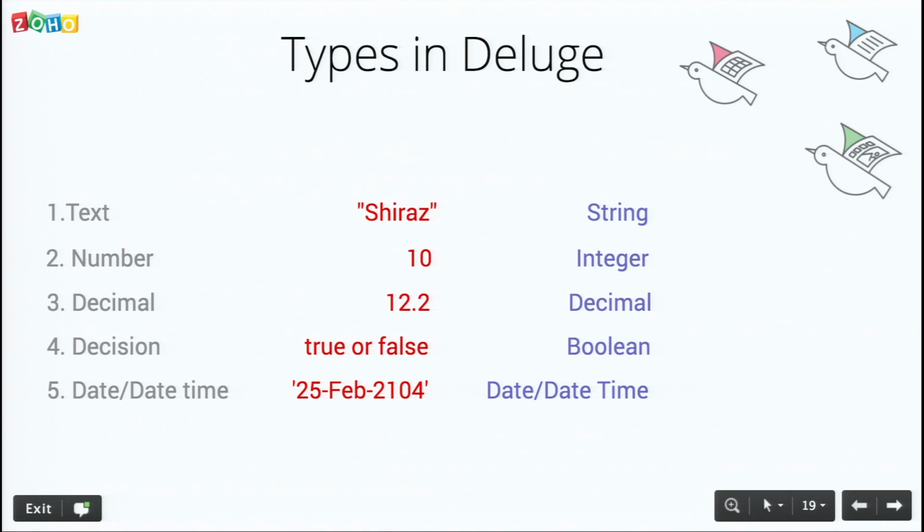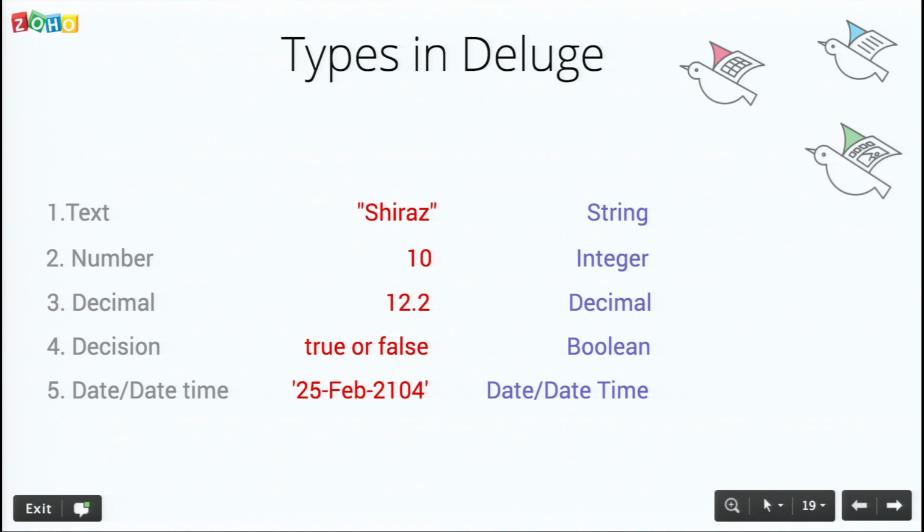You can use any of the formats in Deluge, we support all of these. Say for example, Feb 26 2016. That is also a date, but you need to put it inside quotes. That's a constraint. Use whatever format you want, but make sure you put it inside a single quote. That's date.